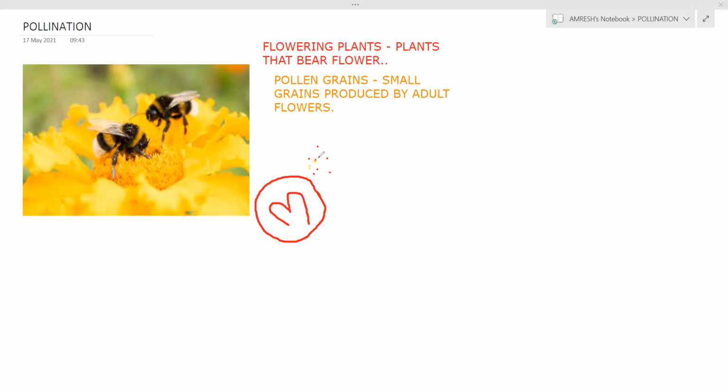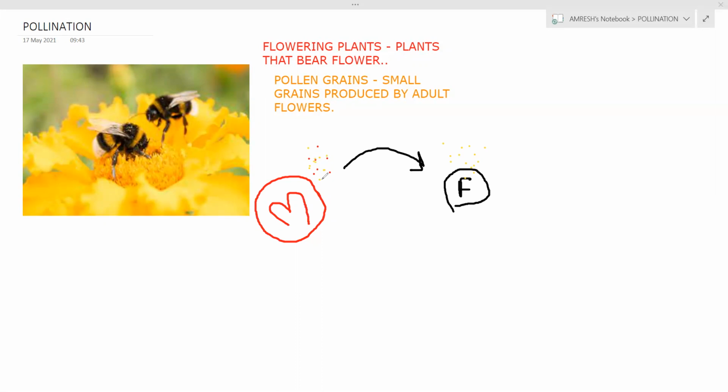By different agents, they are moving to the female plant. Suppose I write F for the female plant. These pollen grains are moving, and this is called pollination.